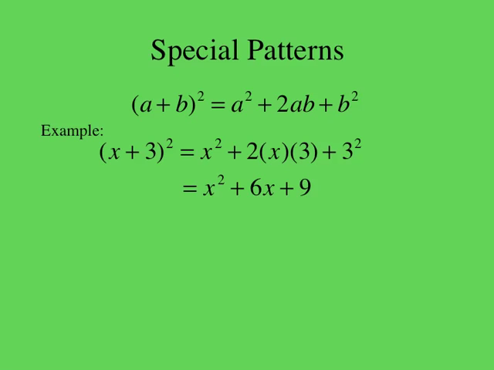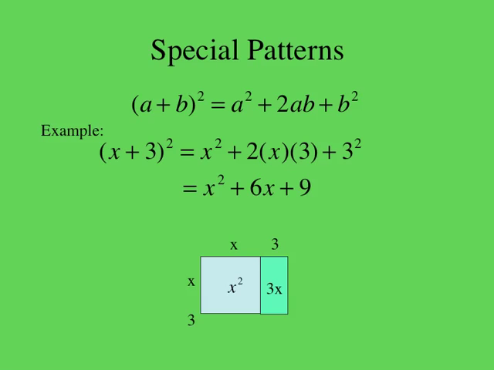We can show an area model for this if we show a square that is x plus 3 on one side and x plus 3 on the other side. When we draw in the resulting multiplication, we see that we have a square that is x by x, so its area is x squared. We have a rectangle that is 3 by x, so its area is 3x.